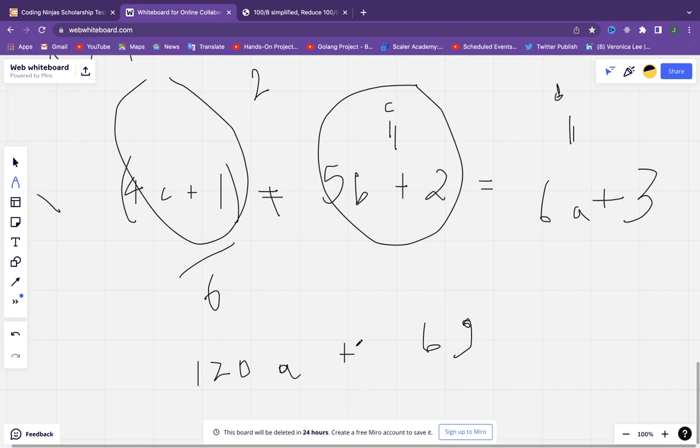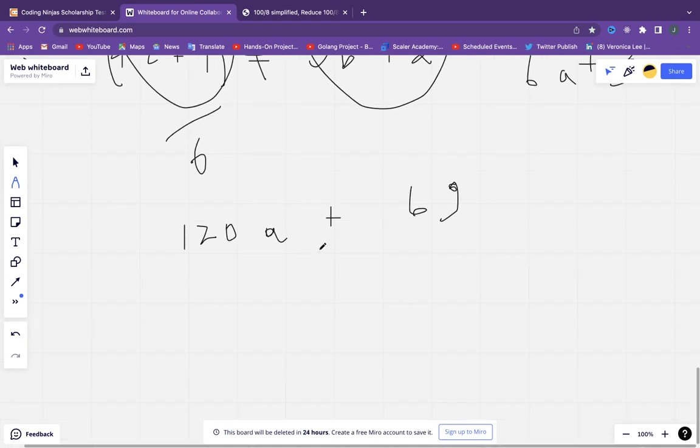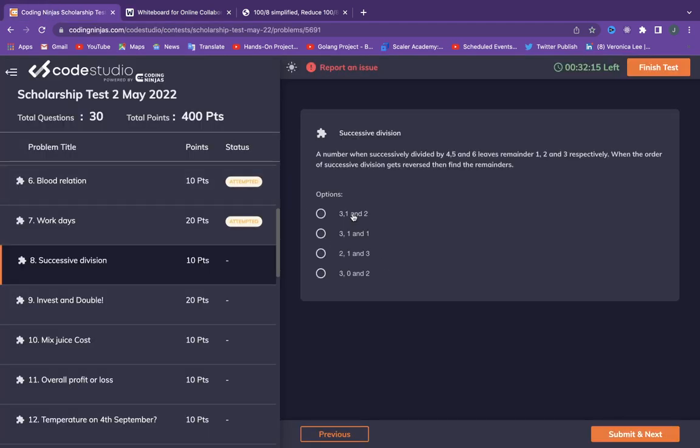And if we divide this number by 6, we are going to get 3 as the remainder, because this will be entirely divisible, and this would leave a remainder of 3. So any answer starting with 3.